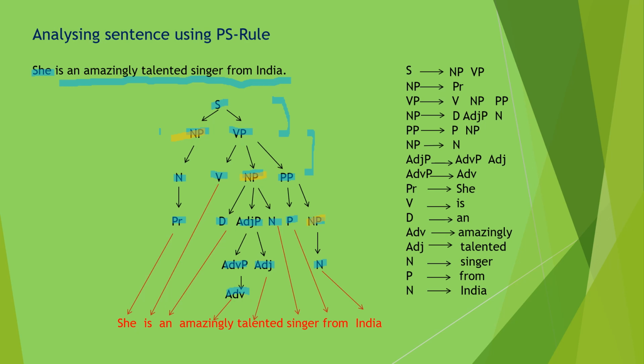So what you can do is name this first one as noun phrase 1, this one as noun phrase 2, and this one as noun phrase 3, and then the constituents within that phrase use that same number. Like for noun phrase 1, the noun under that will be noun 1 or pronoun 1. For noun phrase 2, this will be determiner 2. So the 2 will tell you that it is part of noun phrase 2.